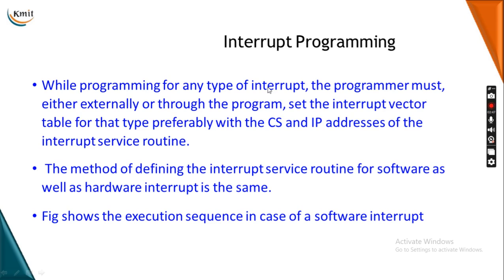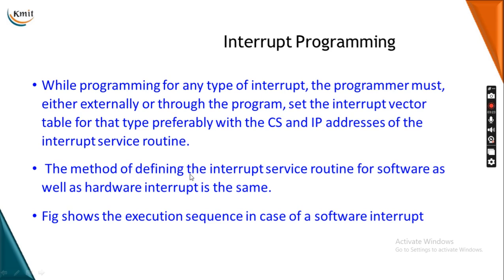As we all know, we have type 0 to type 255, and for whichever type the interrupt has occurred, we should be able to know the corresponding code segment address and the IP address of the interrupt service routine. The method of defining the ISR for software as well as hardware interrupts is the same.